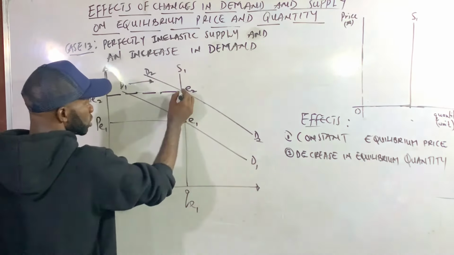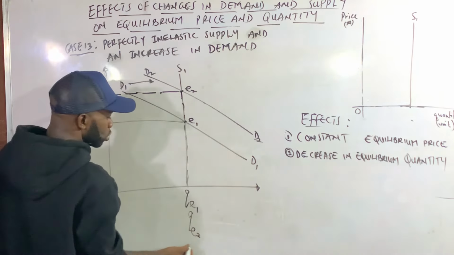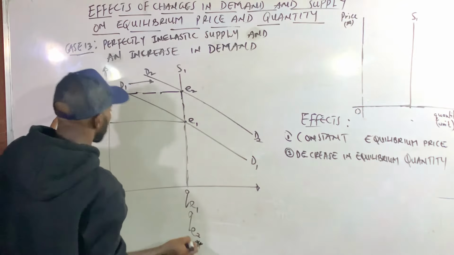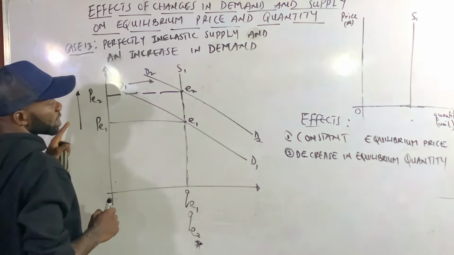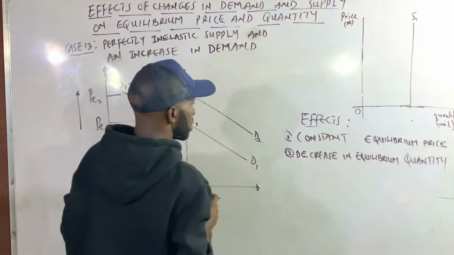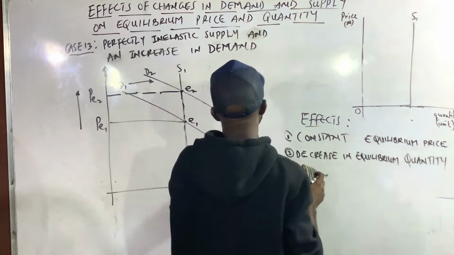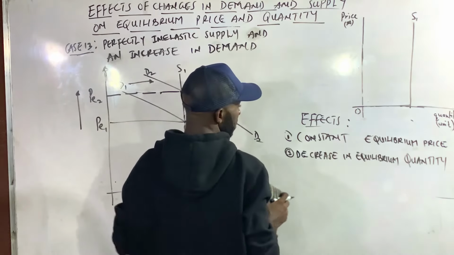We trace it to the quantity axis also. We have equilibrium quantity 2. You can see that this is constant, while this reveals an increase in equilibrium price.